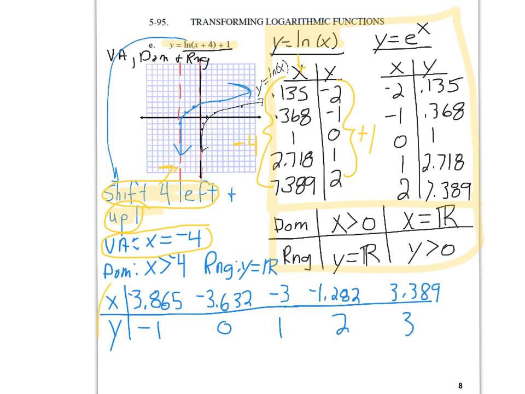That gives us the table that you see down here. Plot those points and sketch your graph. What does this do to your domain and range? Well, the domain then starts at that vertical asymptote. It's everything greater than that vertical asymptote. So your domain is going to be x greater than negative 4. The range is still all reals.